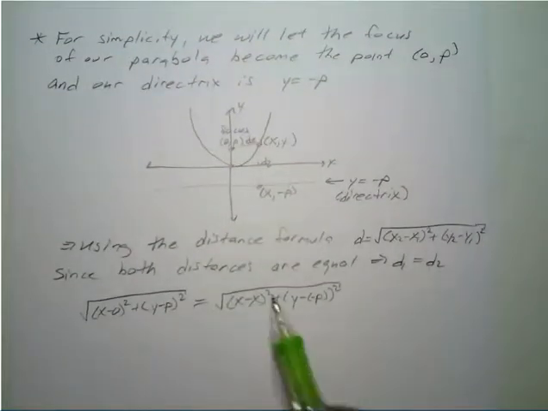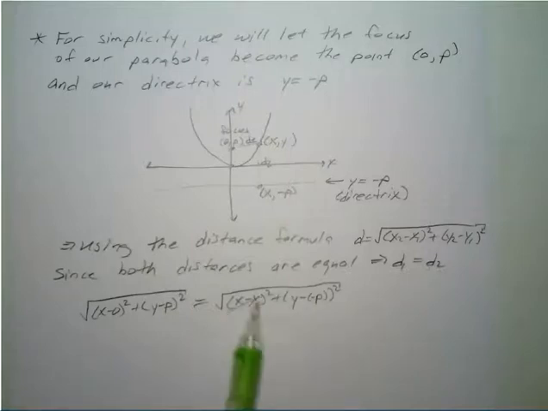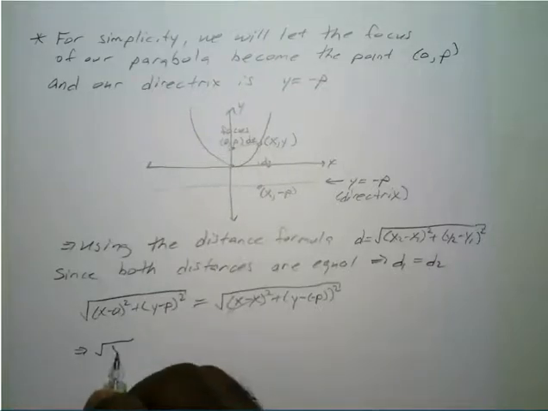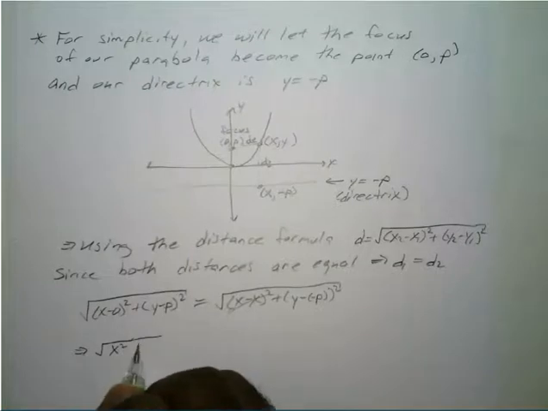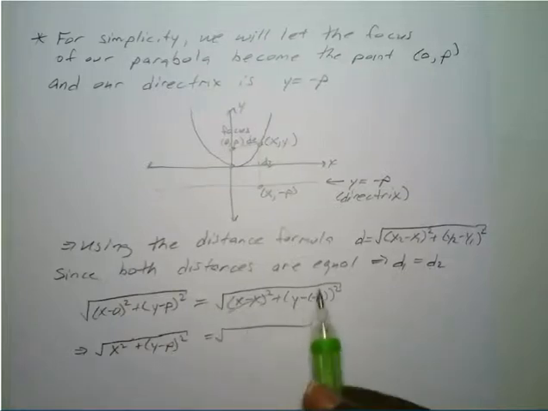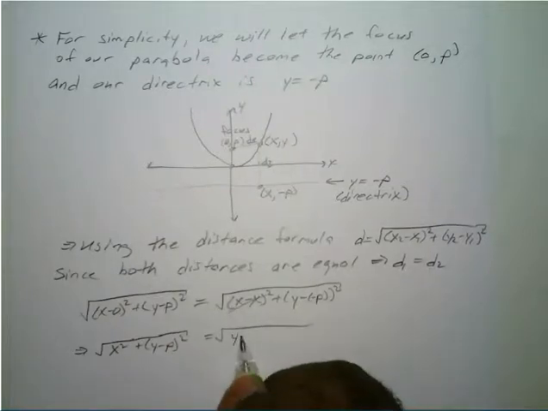Of course, x minus x is 0, so that cancels out. We end up with the square root of x squared plus (y minus p) squared equals the square root of (y plus p) squared.